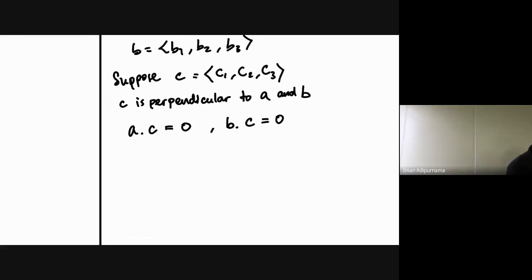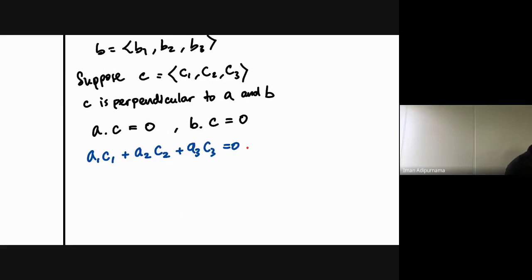So from here, we have the dot product. We can expand this equation to become A1 C1 plus A2 C2 plus A3 C3 is 0. Let's say this is our equation 1.